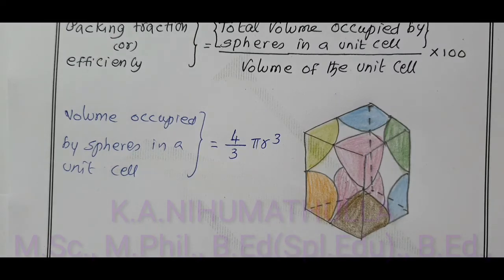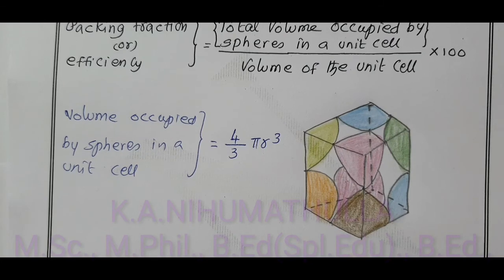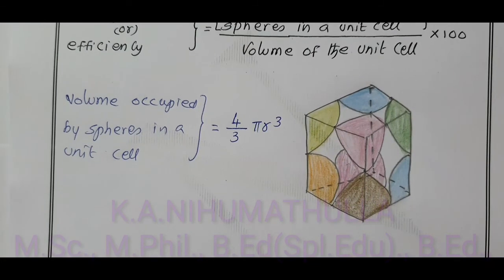In simple cubic, all the atoms are present only at the corners, and all the edge lengths are equal. This edge length a consists of how many radii?